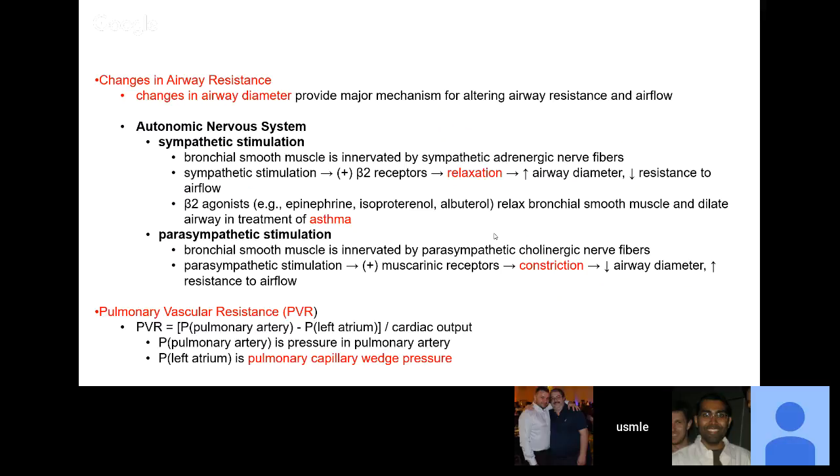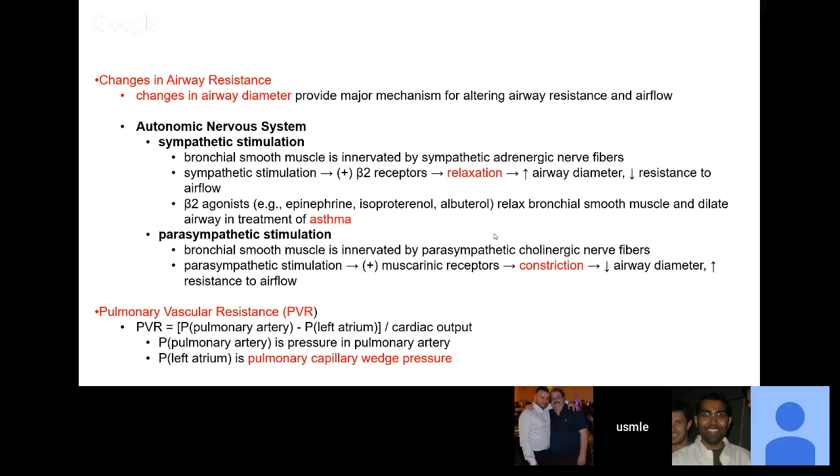So the sympathetic stimulation usually is going to act on the smooth muscles, and the innervation of all these smooth muscles by anything that is adrenergic. The sympathetic stimulation usually has an impact on the beta 2 receptors in the lung. So they're going to stimulate the beta 2 receptor. Once this happens, you have a relaxation of the smooth muscles.